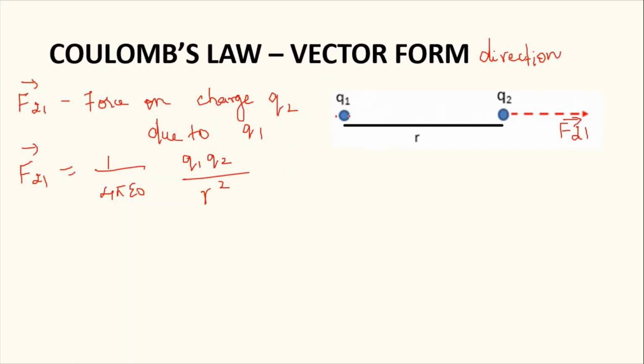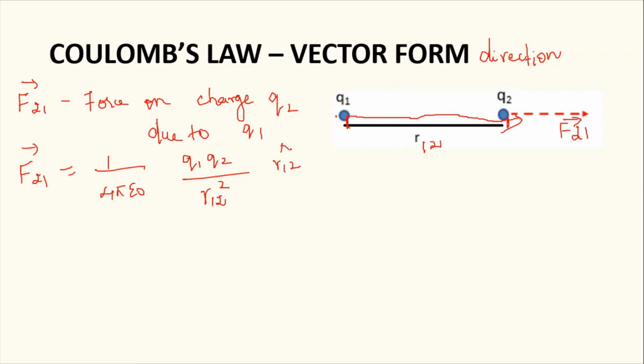Q1. Q1 is applying a force which repels Q2 outward, so the direction will be from 1 to 2. So the direction vector here will be R12 cap.